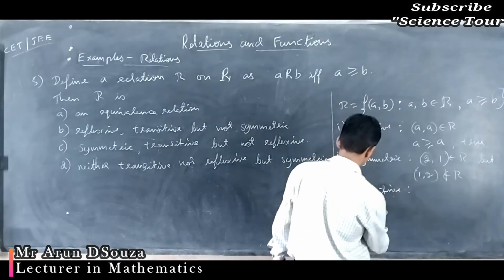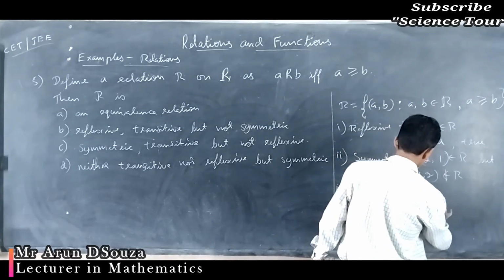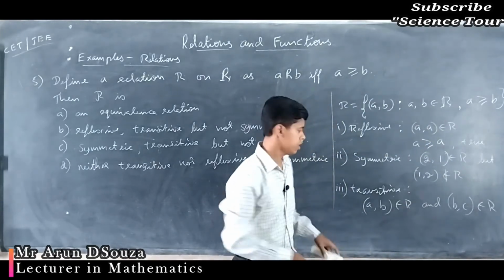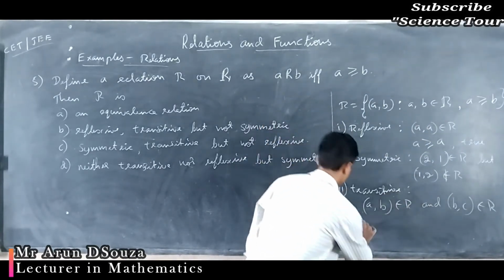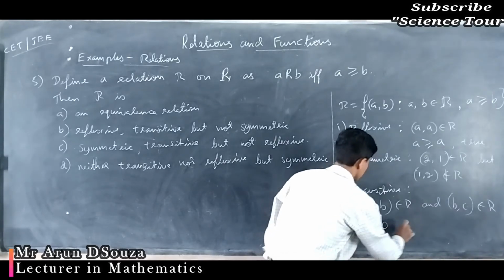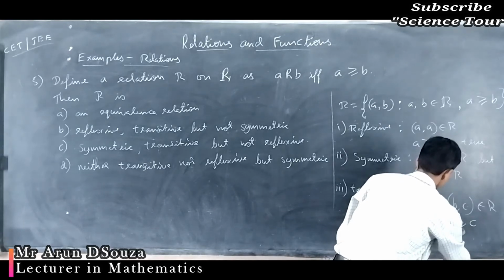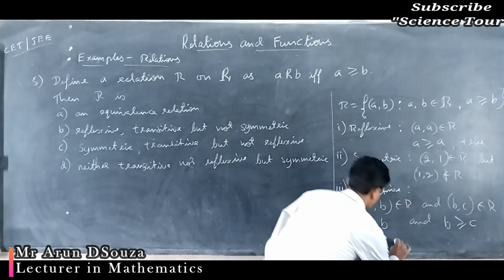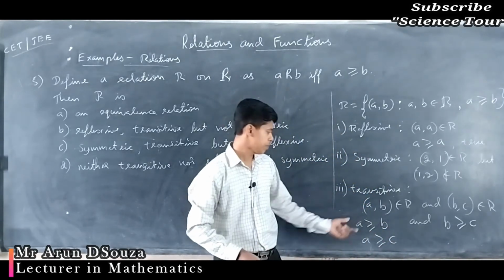If you have A comma B in R and B comma C is also found in R, then you must have A comma C. See, when do you say A comma B belongs to R? If A is greater than or equal to B and B is greater than or equal to C. If B comma C belongs, now what should you have? You should have A greater than or equal to C. So does it happen? Yes.